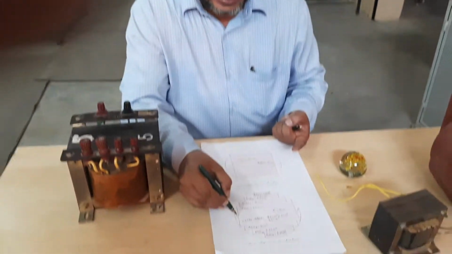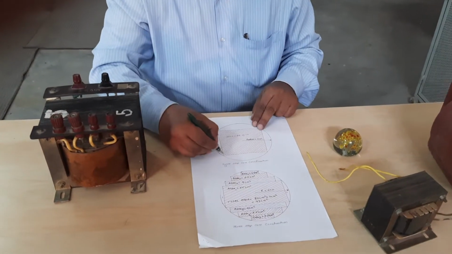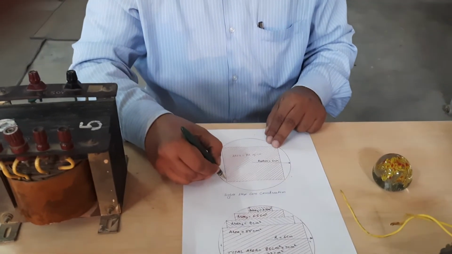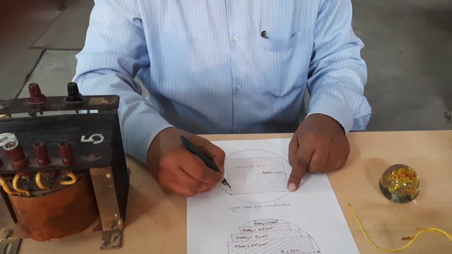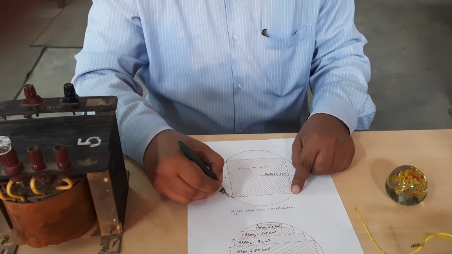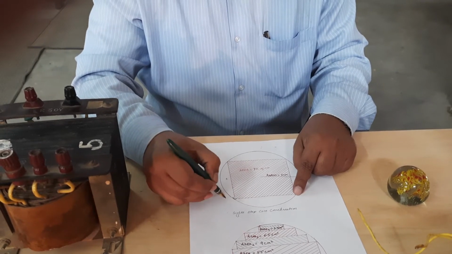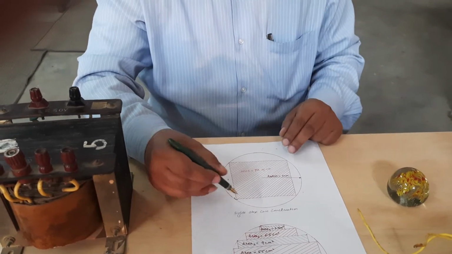Second is that in this case there is a sharp bend. This sharp bend increases the heat across the conductor, which may damage the insulation of the wire as well as insulation between conductor to conductor.